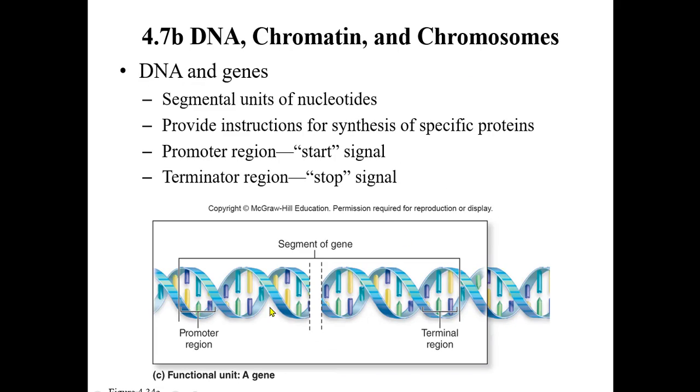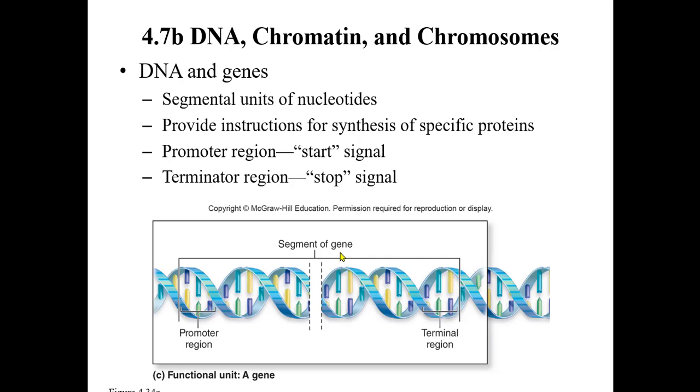No, I don't. This part right here is a gene. So a sequence of DNA that codes for a protein, that's a gene. A sequence of DNA that codes for a protein is called a gene. Simple definition question. I don't think they're ever going to ask you about this stuff right here, but they will ask you for the definition of a gene.